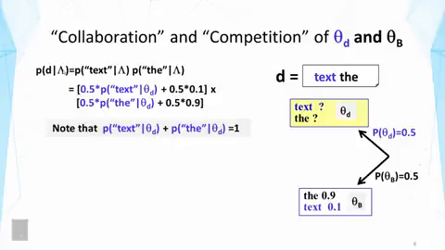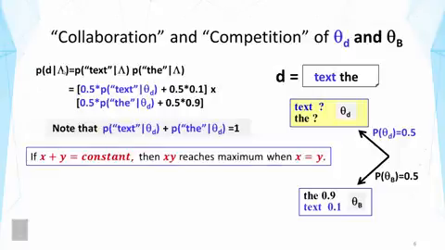So again, looking at this objective function, we have a constraint on the two probabilities. If you look at the formula intuitively, you might feel that you want to set the probability of text to be somewhat larger than the. And this intuition can be well supported by a mathematical fact, which is when the sum of two variables is a constant, then the product of them reaches maximum when they are equal.